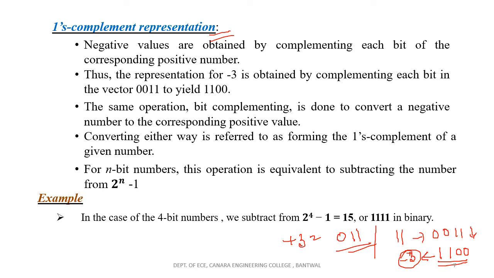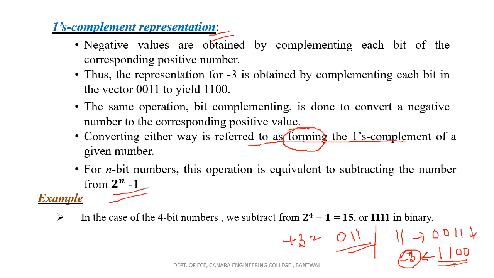The advantage in ones complement is that you can convert a negative number to the corresponding positive value, or a positive value to a negative value, whenever required. This way of converting either way is referred to as forming the ones complement of a given number. This method of forming the ones complement is nothing but subtracting the number from 2 power n minus 1.